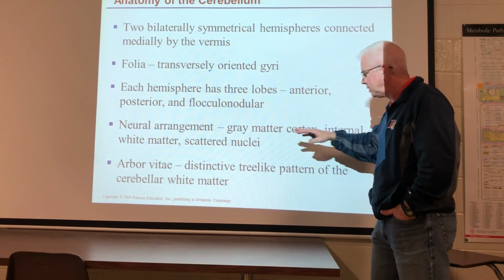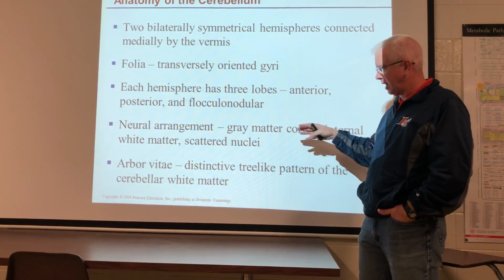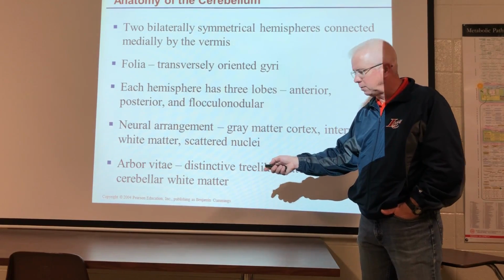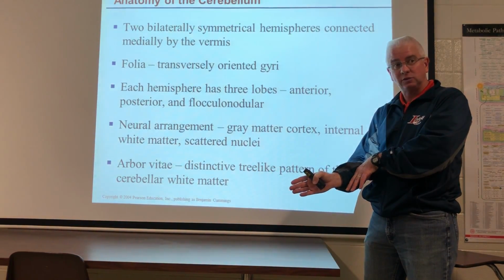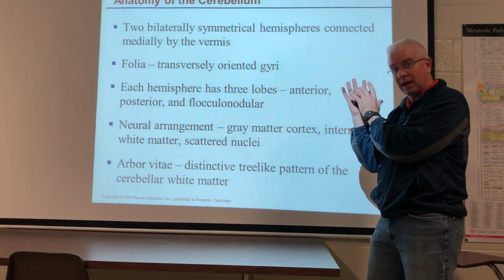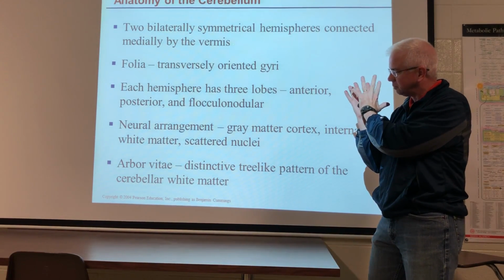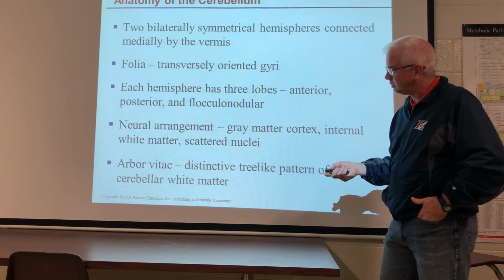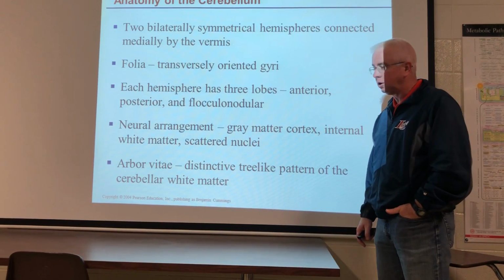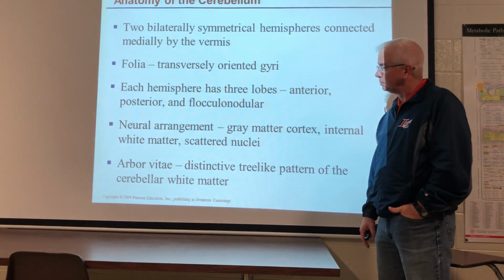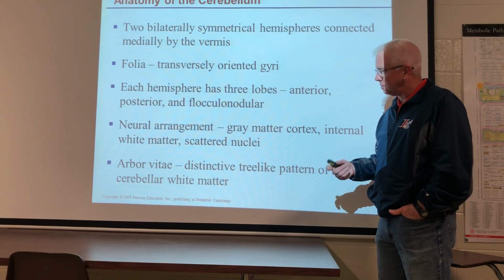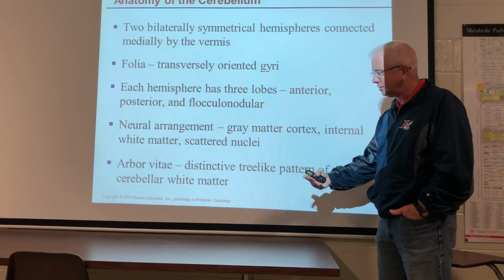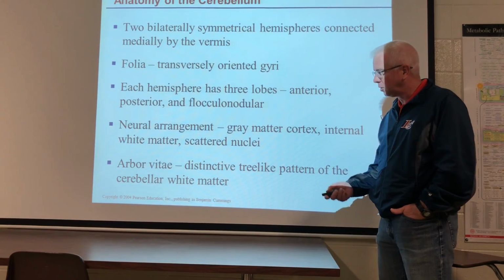Okay, there's a gray matter area, the cortex. We call the white matter projections in the cerebellum, it looks like a bush. When you cut it in a sagittal section and look at it from the side, a lateral view, it looks like a bush. And the original anatomists were all seminary guys, and they were looking for ways to interject their faith into their naming, and so this is one of those places.